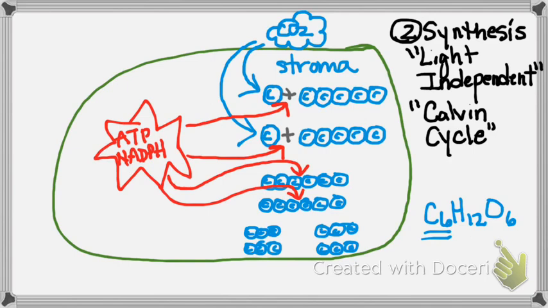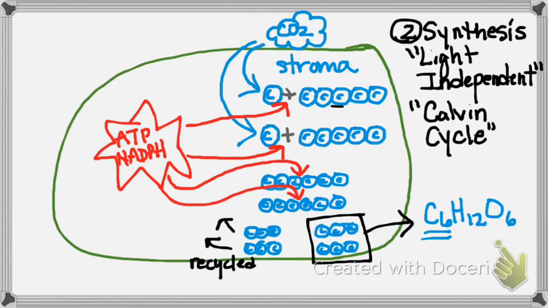So what we're going to do then is you're going to use 6 of these to go make glucose. Okay? And then these 6 actually wind up getting recycled, and they get used again to go make these 5 carbon chains, RUBP again.